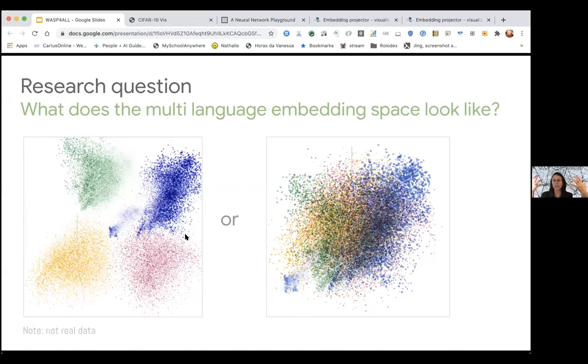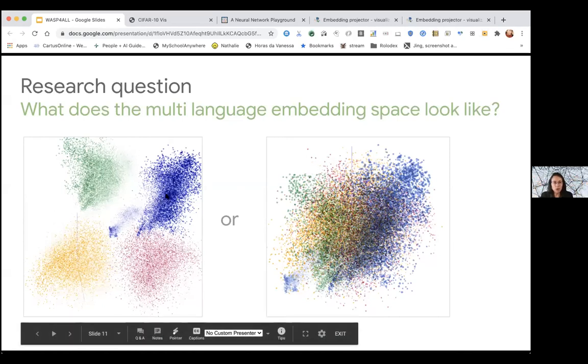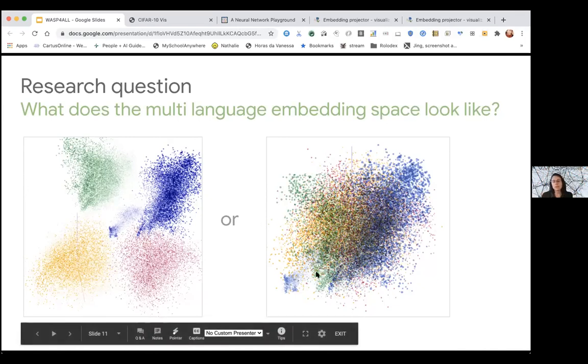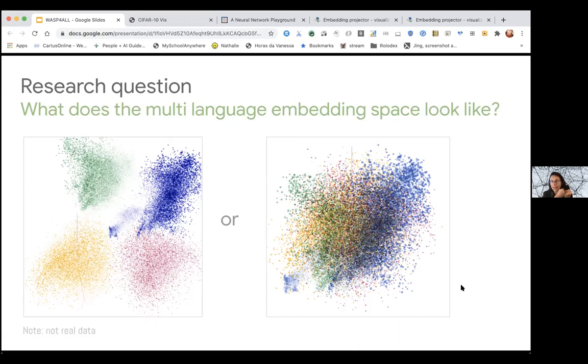The question in the minds of the researchers was, is the system doing more what you can see here on the left, where it keeps English on one corner and Japanese on the other corner and Korean, or is the system doing more what's on the right, where it's bringing all of these languages together and it doesn't really separate them? It cares more about the semantic meaning of the strings, okay?